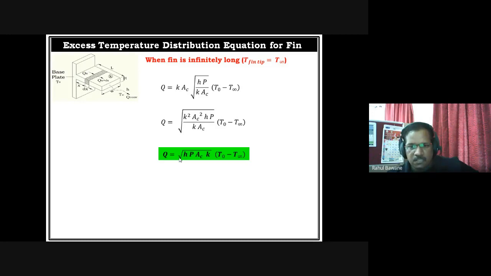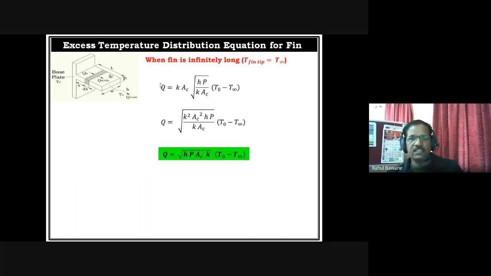Definitely hPkAc means the square root of hPkAc, so it becomes easy to understand and remember. So q is nothing but the square root of hPkAc times theta 0, T0 minus T infinity.